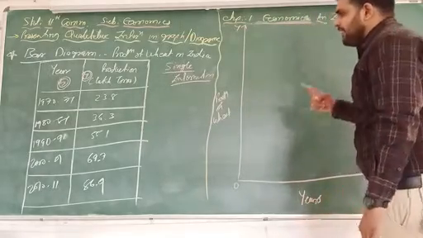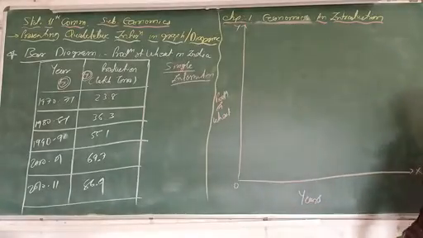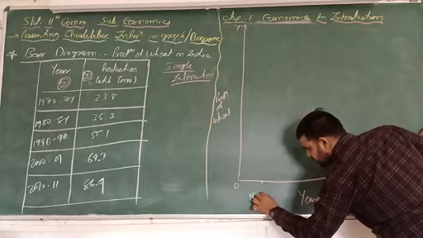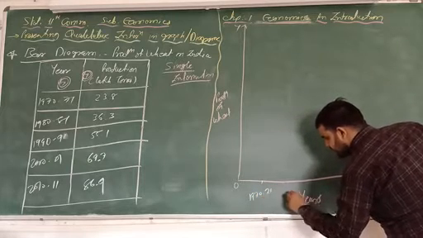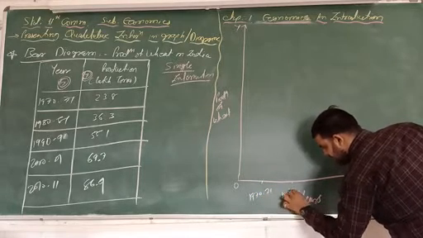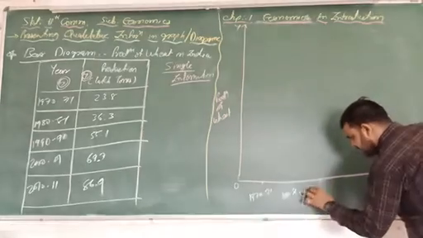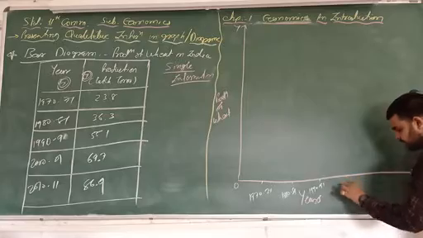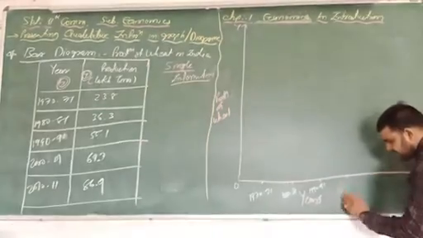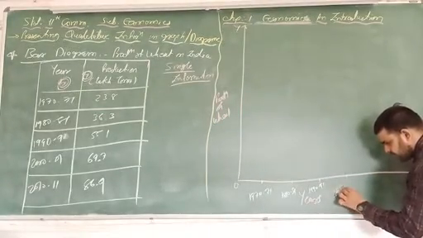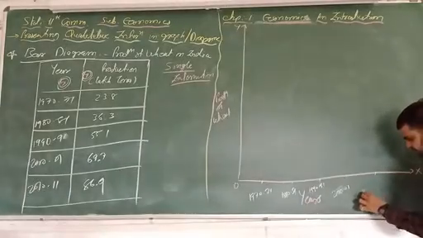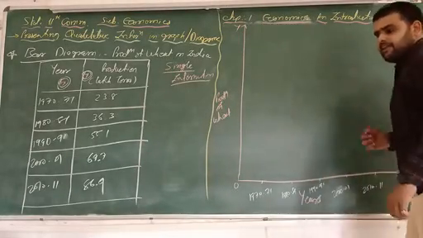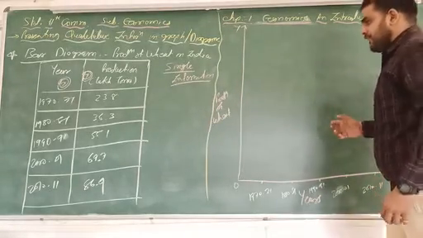So now on the x-axis we have to take the years. What is the first year? 1970-71. Second, 1980-81. Third, 1990-91. Fourth, 2000-2001, and fifth, 2010-2011.